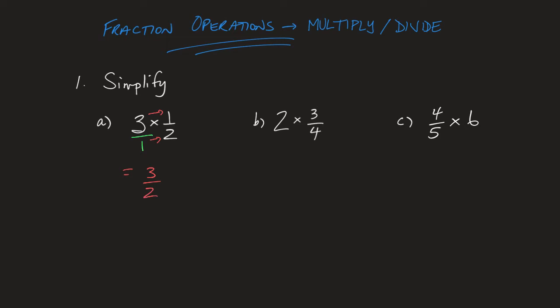Okay, I want to backtrack from all of that. Yes, that is our algorithm to multiply fractions. However, I just want us to take a peek again at what A says. It says that you have 3 times 1/2. That means that you have 3 groups of 1/2. So that's really like 1/2 plus 1/2 plus 1/2.